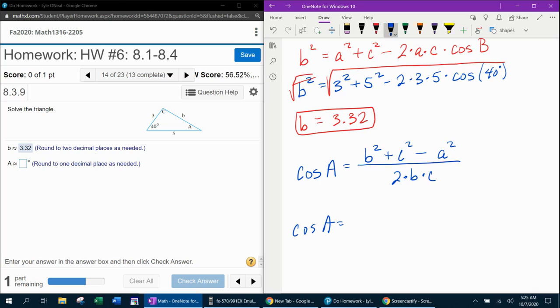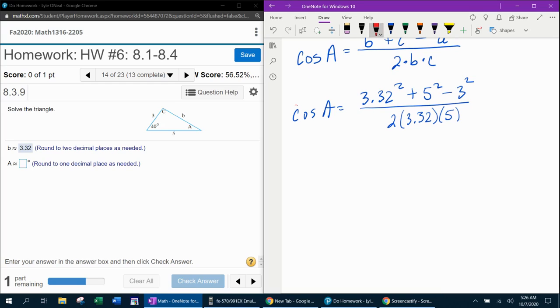That's what we just found. 3.32 squared plus 5 squared minus 3 squared all over 2 times 3.32 times 5.